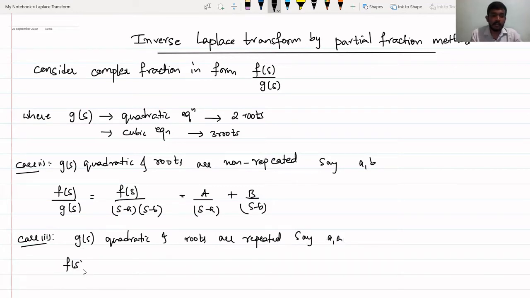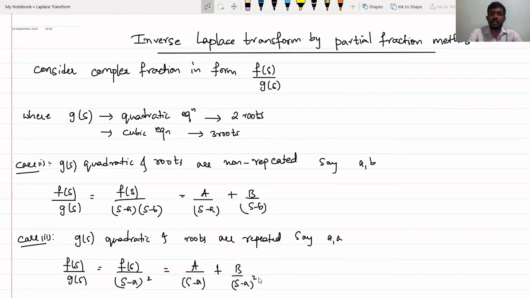Then f of s by g of s can be written as f of s by s minus a whole square. If this is the case, then we resolve this in the form of A by s minus a plus capital B by s minus a whole square.